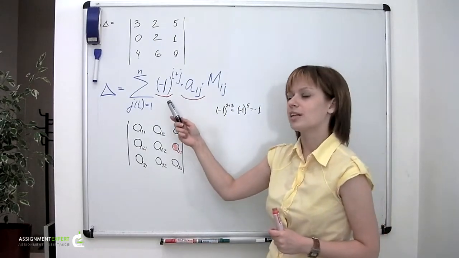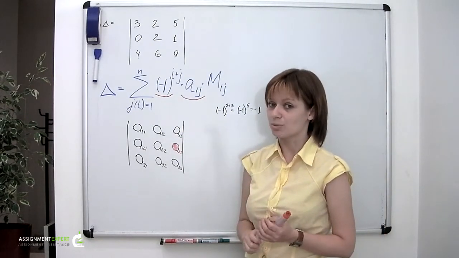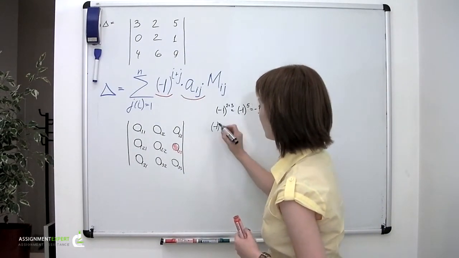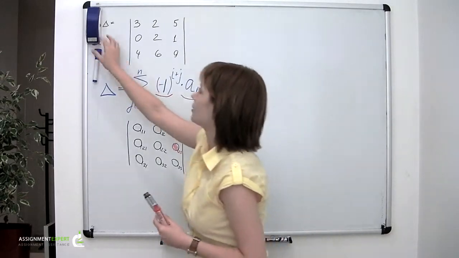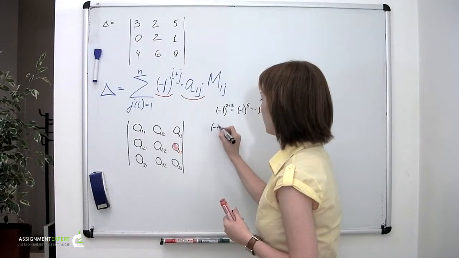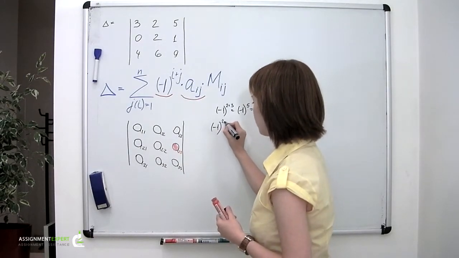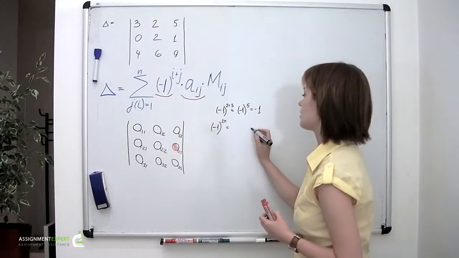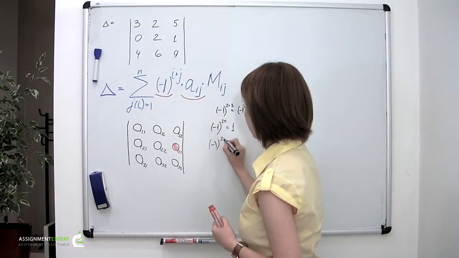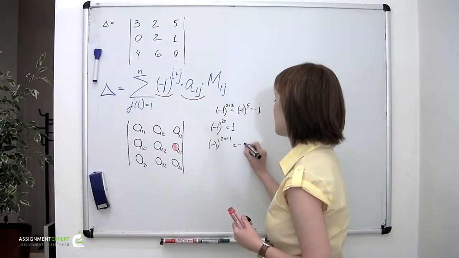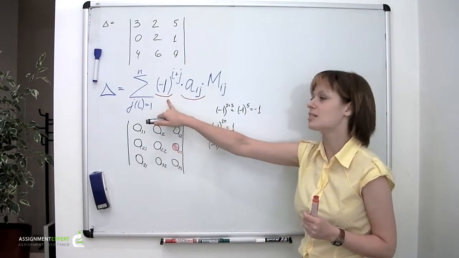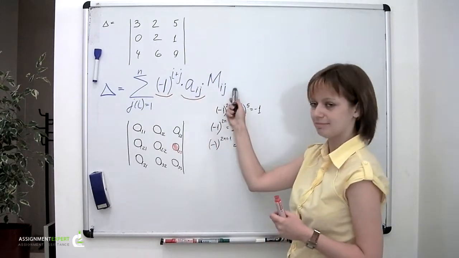Actually, this part of the formula can only have the value of 1 or -1, because -1 taken to an even power always yields 1, and -1 taken to an odd power always yields -1. So this part of the formula only influences the sign in front of the expression.